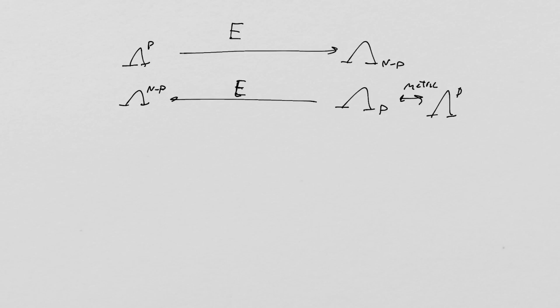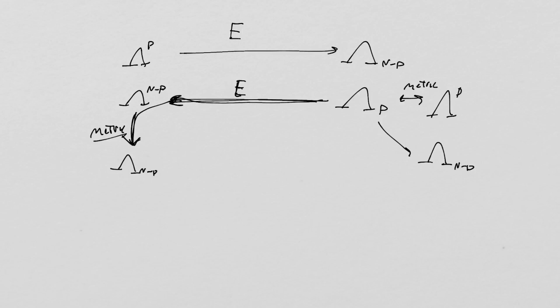And going from here to here is like going from this and then lowering indices to get an n minus p vector, and this is again the metric duality. So there are two steps, that's it, that's the Hodge dual. These two steps really are the Hodge dual.